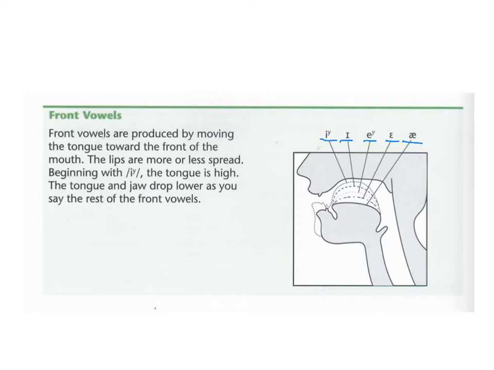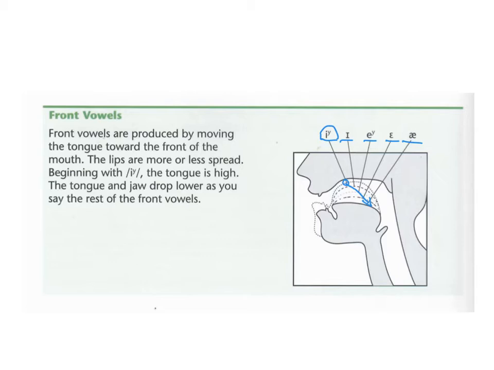Beginning with the first sound, E, E, the tongue is high in your mouth. The tongue and the jaw will drop as you say them. So here, the tongue is high, right? And then as you go down these vowels, the tongue will drop. See if you can feel it with me.